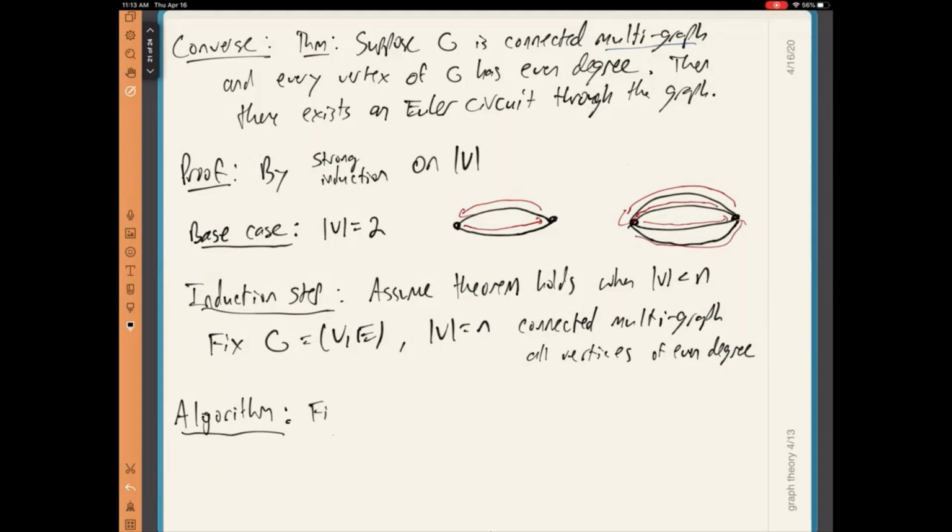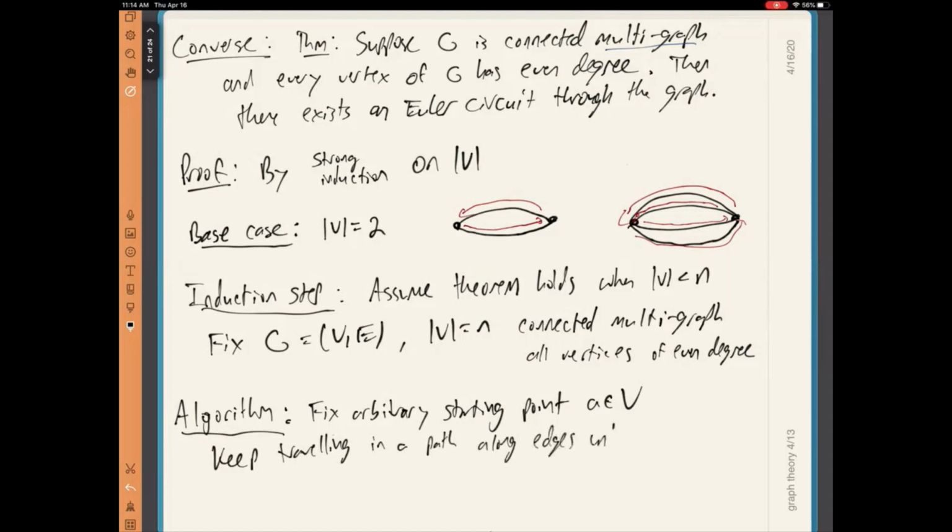So fix an arbitrary starting point for your circuit. Right, so I'll pick some starting point A in the vertex set. And what I'm going to do is keep traveling in a path along edges until you can't anymore, right?